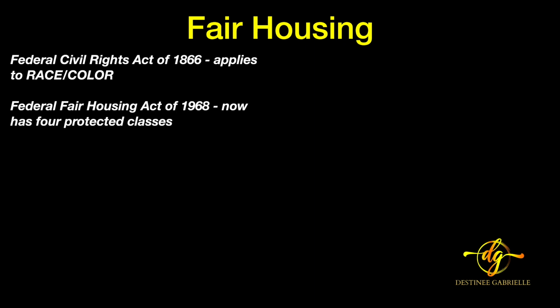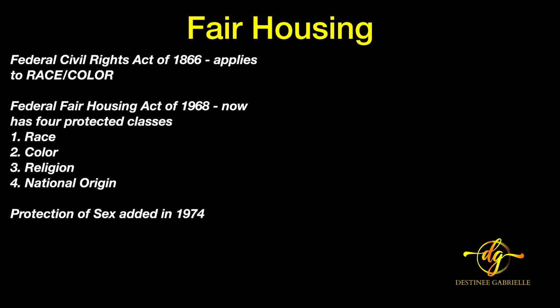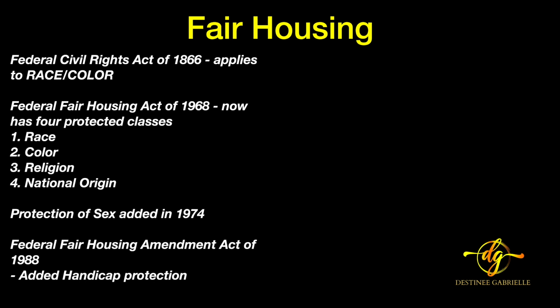And then we got the Federal Fair Housing Act of 1968 that now has 4 protected classes, which are race, color, religion, national origin. Next is the protection of sex, which was added in 1974. And then we've got the Federal Fair Housing Amendment Act of 1988, which added handicap protection and familial status protection. And remember that familial status does not mean whether you're married, it just means that you have children.